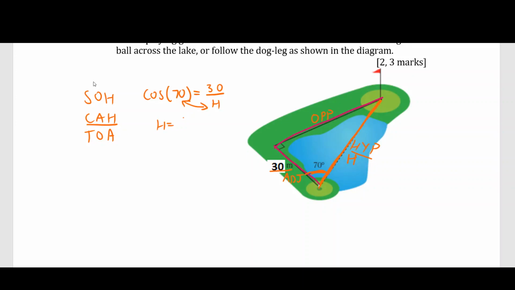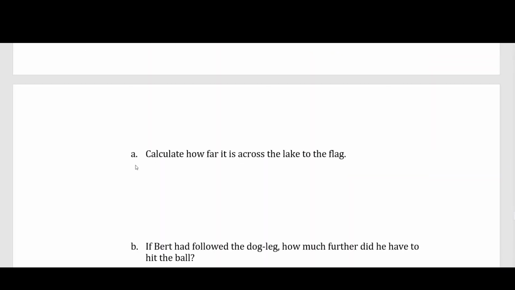So h equals 30 over cos 70, which is 87.71 meters. So how far is it across the lake? 87.71.